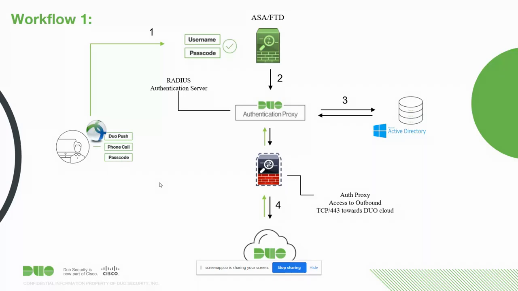When the request reaches Duo Cloud for policy evaluation, based on the policy, the Duo Cloud sends a push notification to the user. The user has to accept the push notification received on his mobile. Once it's accepted, the access accept message is returned by the auth proxy back to the VPN gateway, which is step 6 here.